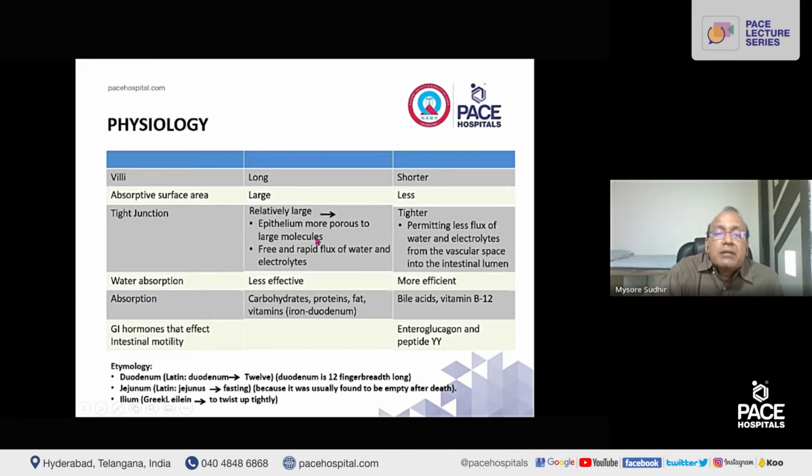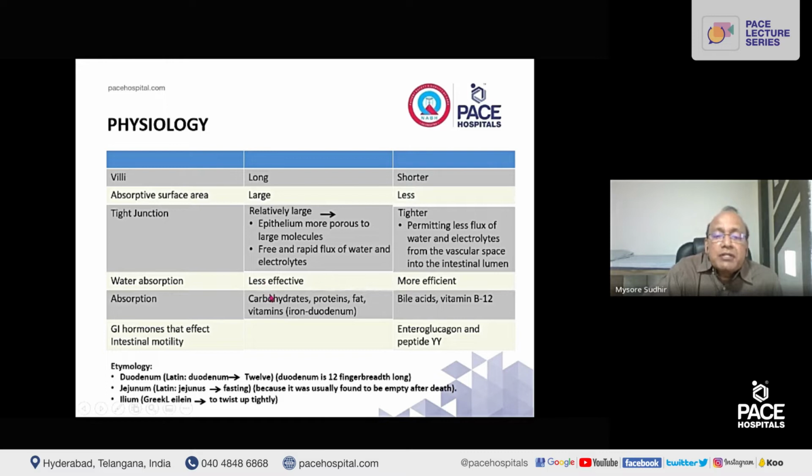Here the epithelium is more porous to larger molecules. There's free and rapid flux of water and electrolytes in the jejunum, whereas the ileum permits less flux of water and electrolytes from the vascular surface into the intestinal lumen. Water absorption in the jejunum is less effective, whereas it's more efficient in the ileum.